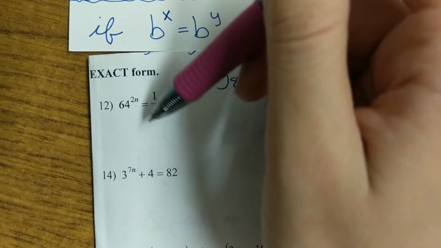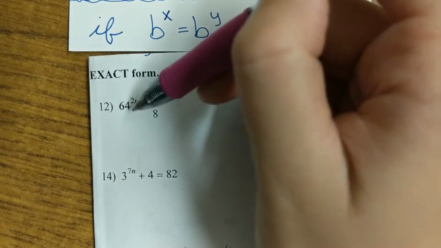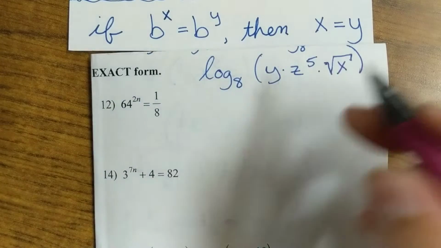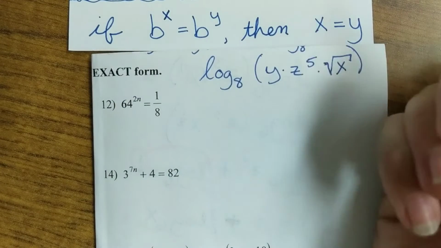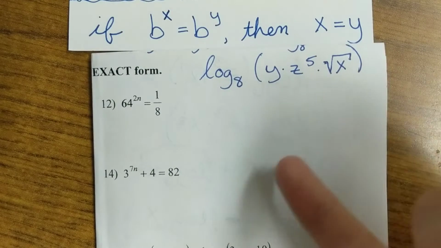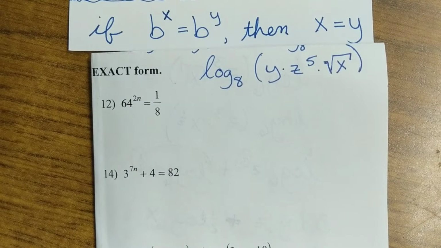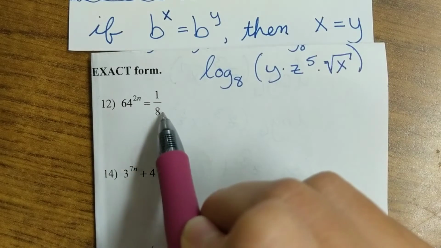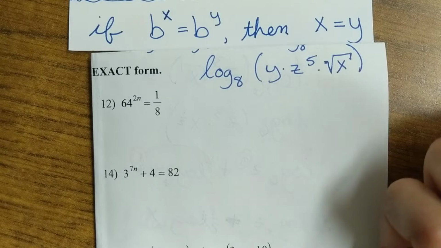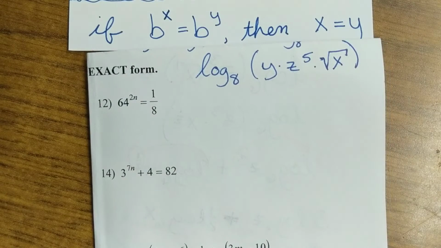So if we could write these two numbers with the same base, I know I can write 1/8 with the base of 8. That's just 8 to the negative 1. And I know that I can write 64 with the base of 8 as well. That's just 8 squared.